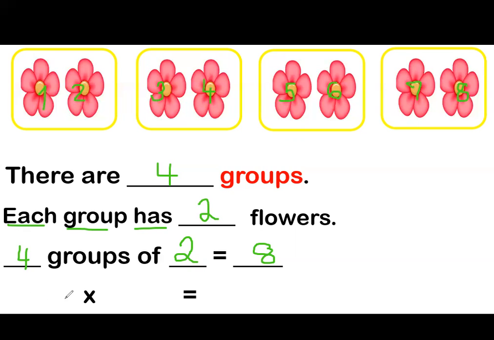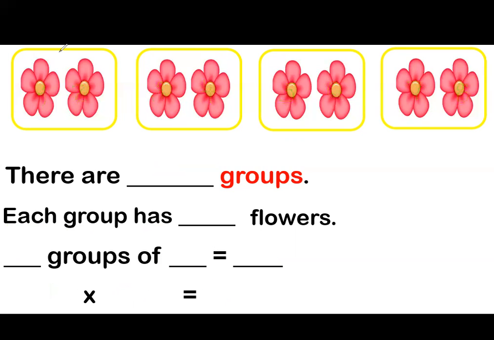What should we write in here? We have 4 groups of 2 flowers, or we can say 4 times 2 is how many? 4 times 2 is 8.